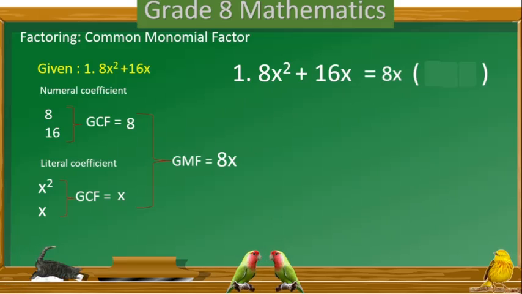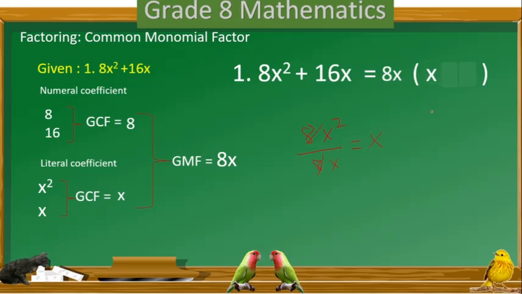So how to get the quotient of the first term? You divide 8x squared by 8x. The 8 cancels, then x squared divided by x, you simply subtract the exponent of the denominator from the exponent of the numerator. The exponent is 2, this is 1, so the remaining is only x.